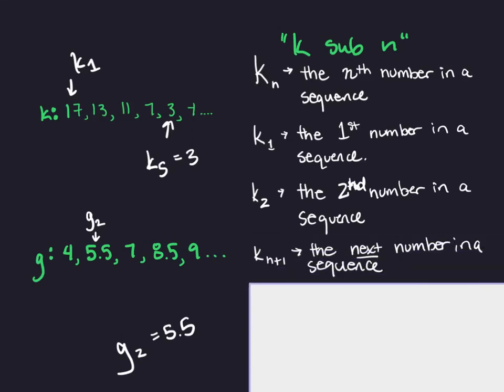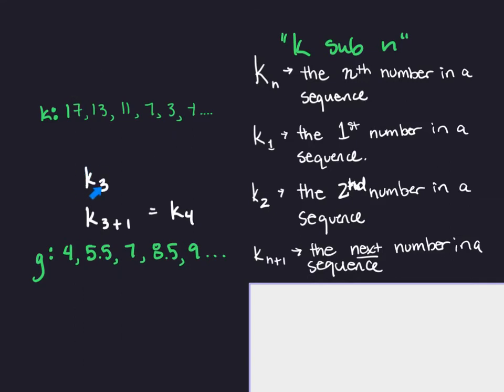k sub n plus 1 is the next number in a sequence. And think about it like this. If I had k sub 3, and then I said, okay, k sub 3 plus 1. So instead of n, we have 3. So k sub 3 plus 1. Well, that's just equal to k sub 4. So if I say k sub n plus 1, I'm like, oh, you were at k sub 3? Go to the next one.